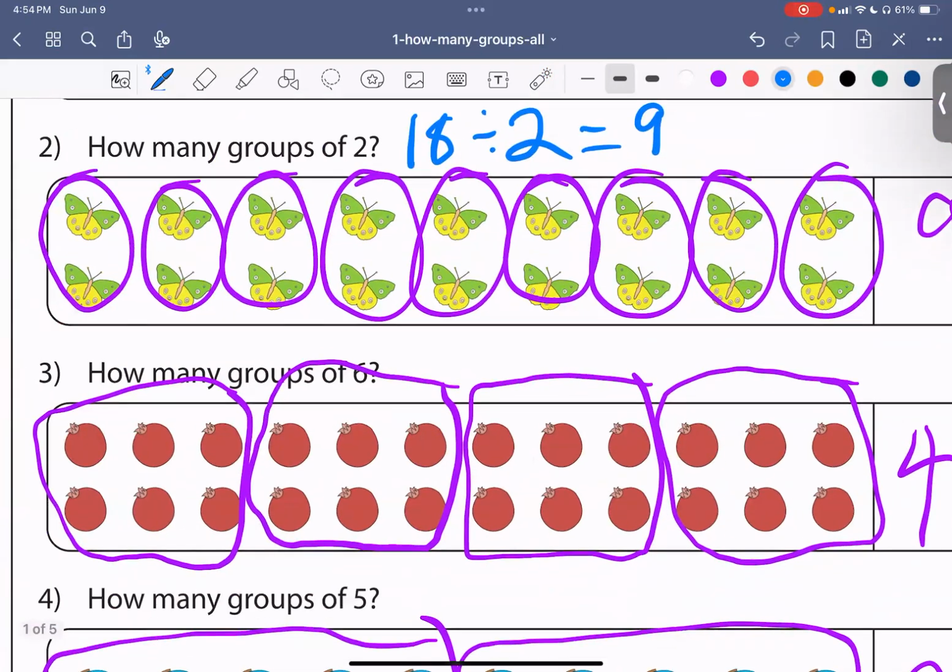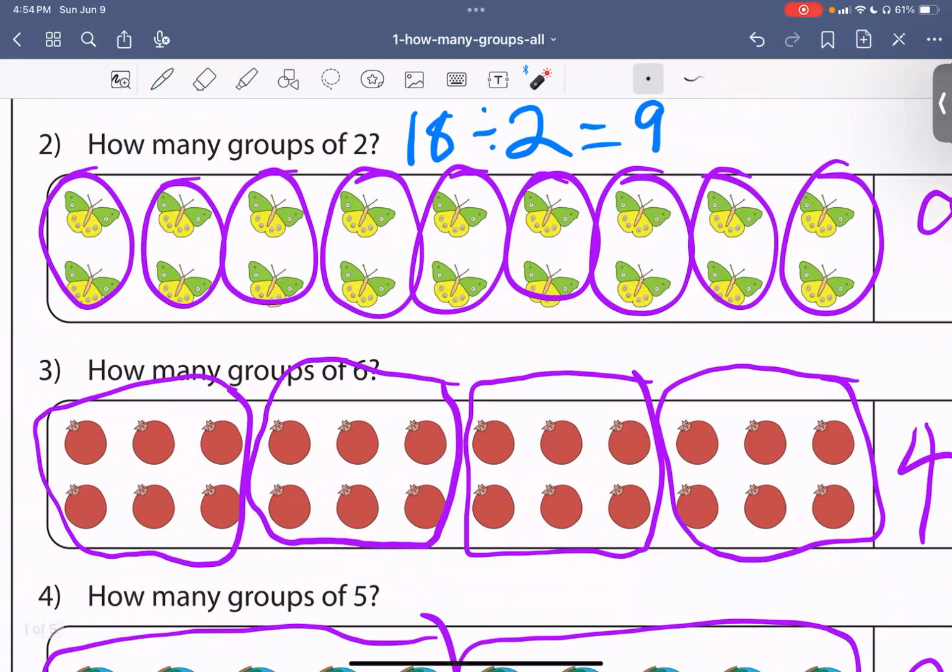How many groups of 6? So 6 times 4 groups of 6 plus 6 plus 6 plus 6 is 24, or 6 times 4 is 24. So 24 divided by 4 is equal to 6.